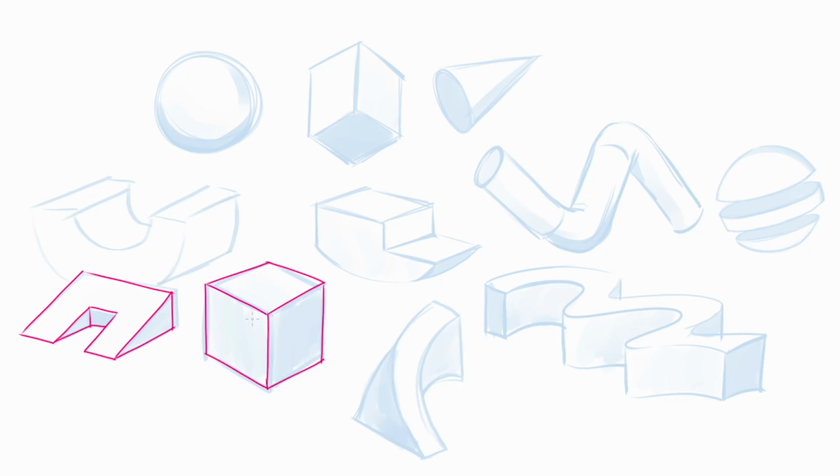Now we can get more advanced by combining circular with rectangular shapes. For instance, look at the pipe. We have a circle. We extend that line to make a cylinder. What we're going to do is bend the corner, make a straight line.